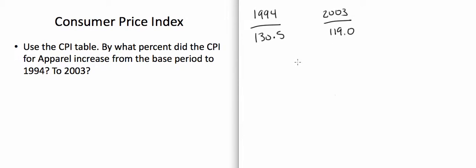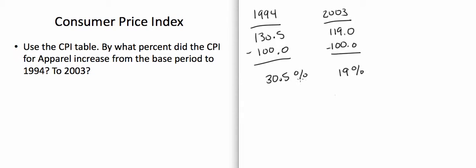So to find our answers, we're comparing this to the base period, so we're going to subtract 100. That's going to give us an answer of 30.5% for 1994. We subtract 100 for 2003. That gives us an answer of 19%.